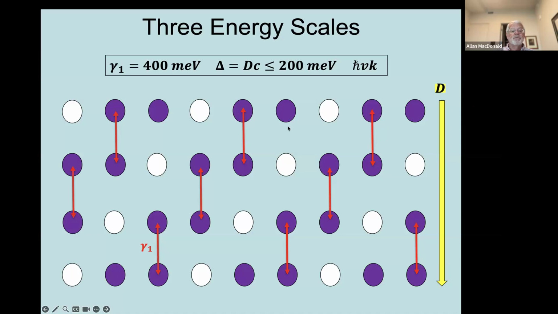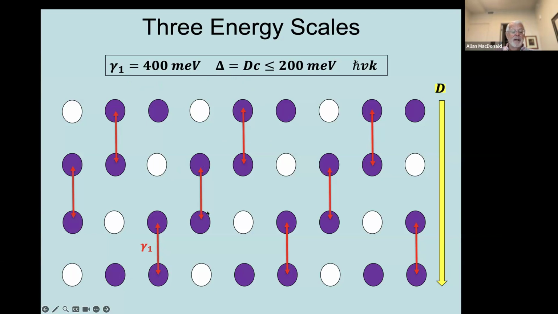you have these two carbon atom sites which are basically decoupled from everything else, but still present at the Fermi energy. And so this gamma 1 is one energy scale. That's a high energy scale due to interlayer hybridization.